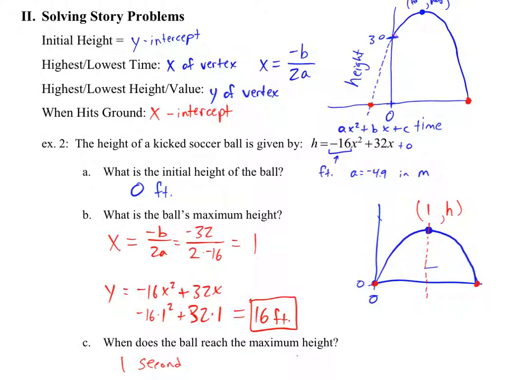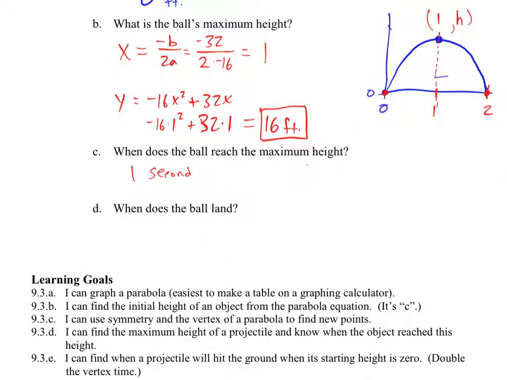So if you know the vertex is here, do you agree that's halfway to this height again? So you can't do it all the time. If it has a c value, if it starts off the ground, that won't work. But if you have one like this where it starts on the ground, goes up, and comes back down, if this is 1 second right here, then you know this is going to be 2 seconds because it's symmetrical. The vertex will be halfway across. So when does the ball land? 2 seconds. And that's it for the section. Yay.